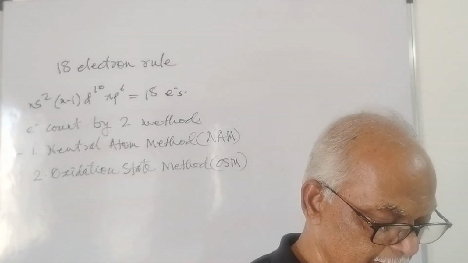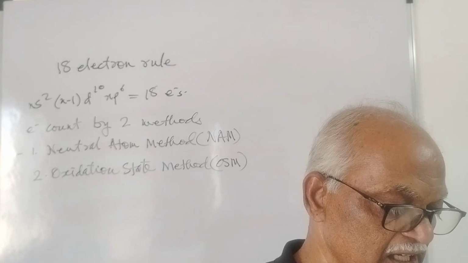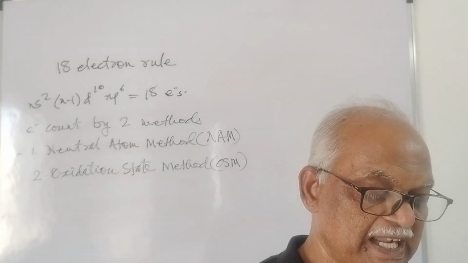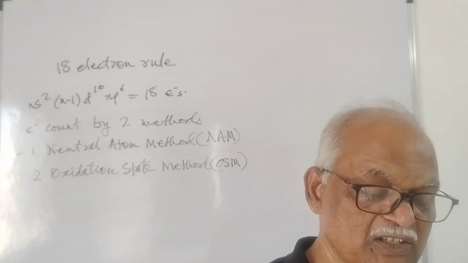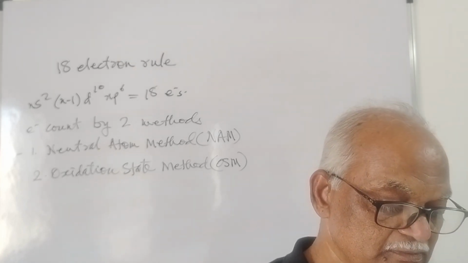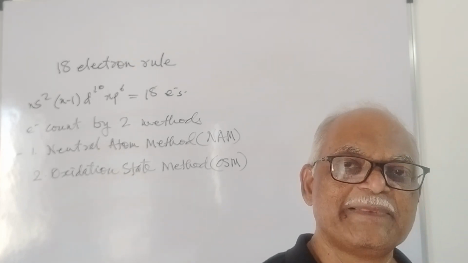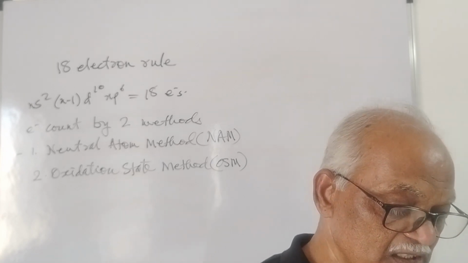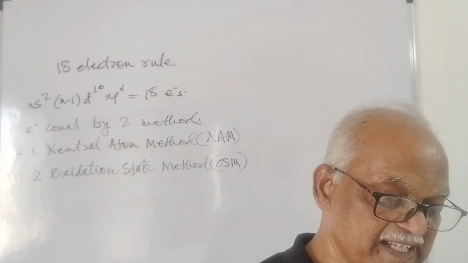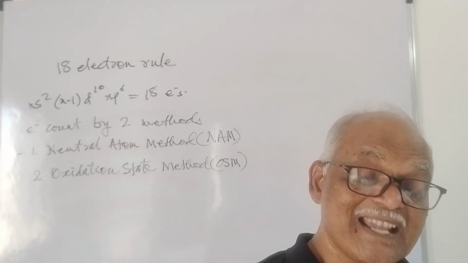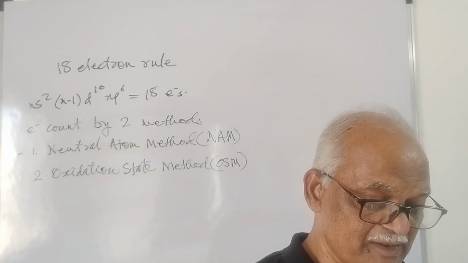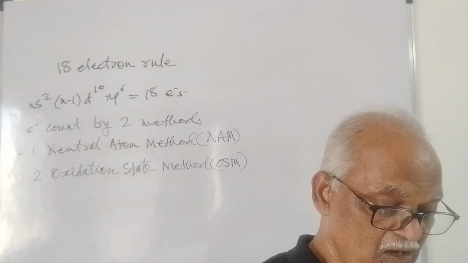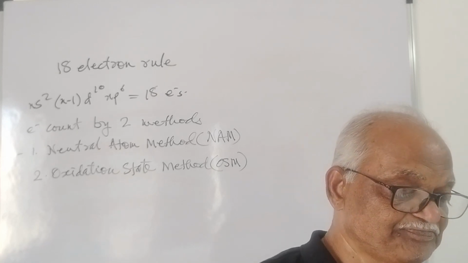The first method, the neutral atom method, is more foolproof, and it does not require the correct assignment of the metal oxidation state. Without the requirement of the oxidation state, it can count the number of electrons, whereas the oxidation state method is more realistic, as it reflects the precise number of electrons available for donation on a ligand.